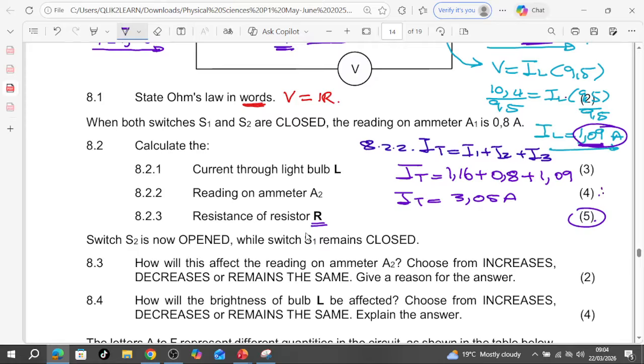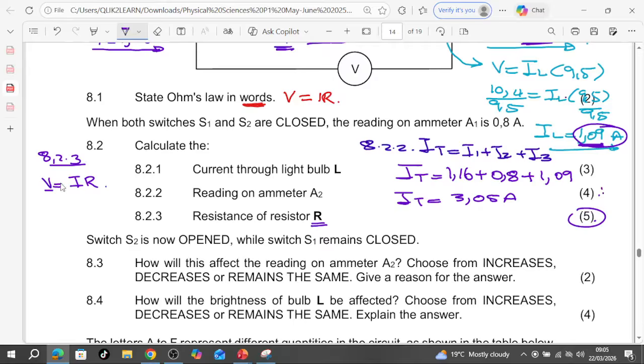So the resistance R, I know that to find the resistance R, I'm going to use the formula that says V is equal to the current times R. But now this V here, what is that V?